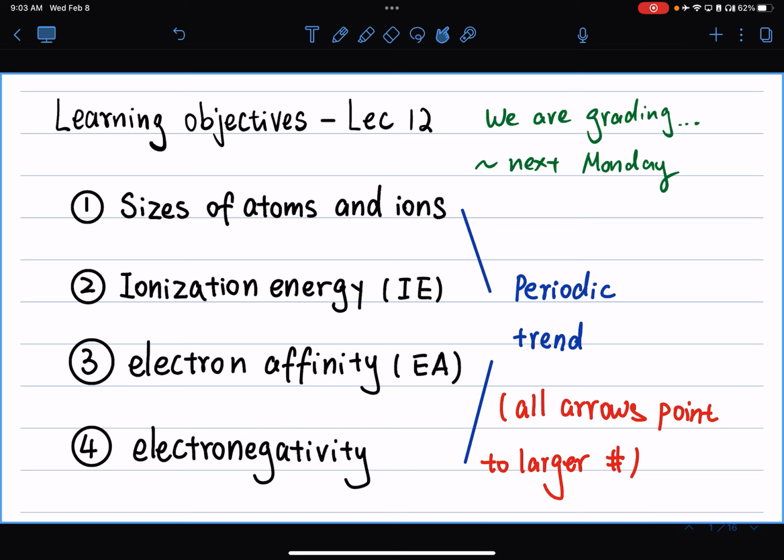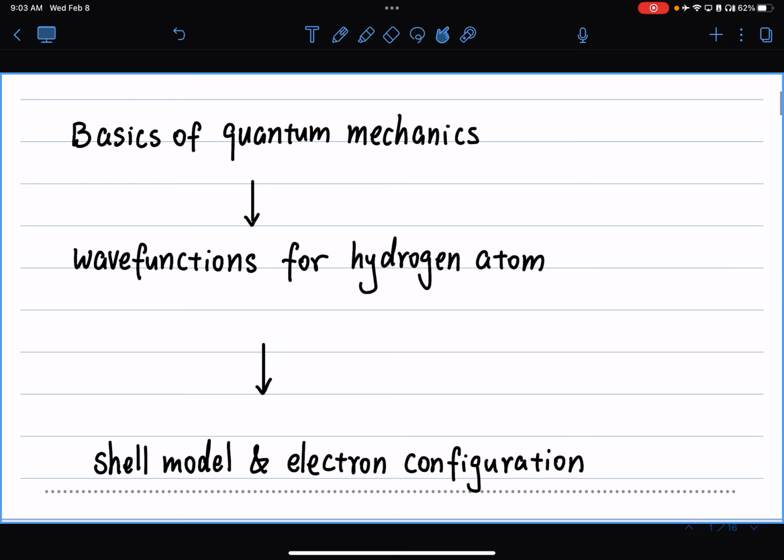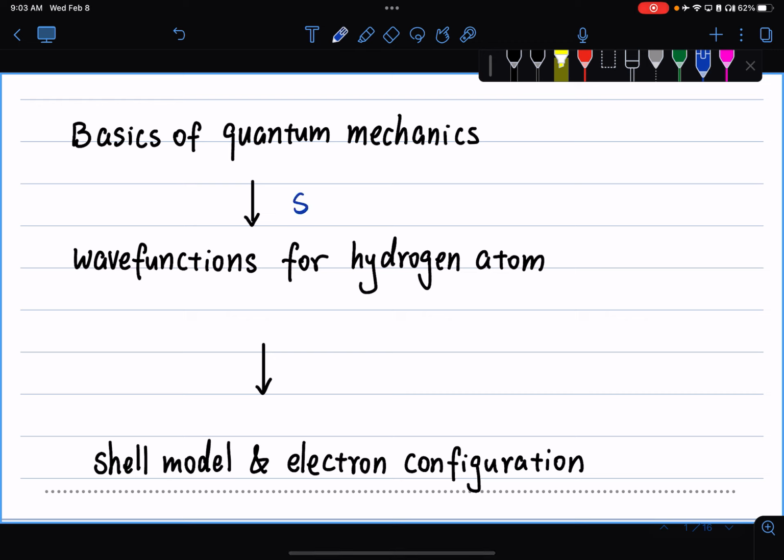Anyhow, before we get started with today's lecture, which is on periodic trends, we want to congratulate ourselves a little bit for finishing quantum mechanics, because right now we have an understanding of the basics of quantum mechanics. So for this, we have our Schrödinger equation.